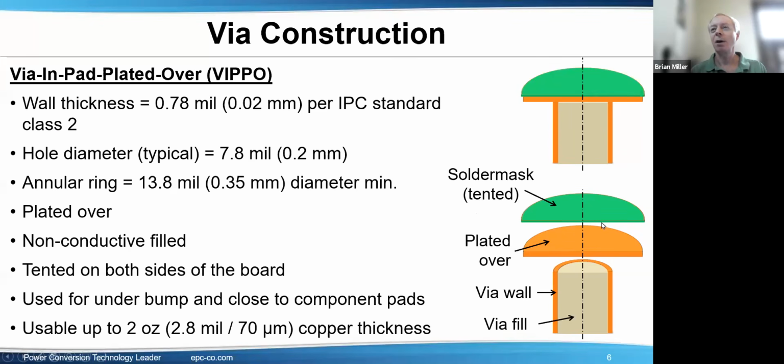You want them tented. You want to have as much protection over top as you can. They're plated over, and you can say that even within the EPC FETs, yes, you have a solder mask, but you could have an opening for a contact. So I think the most important thing is to make sure of two things.